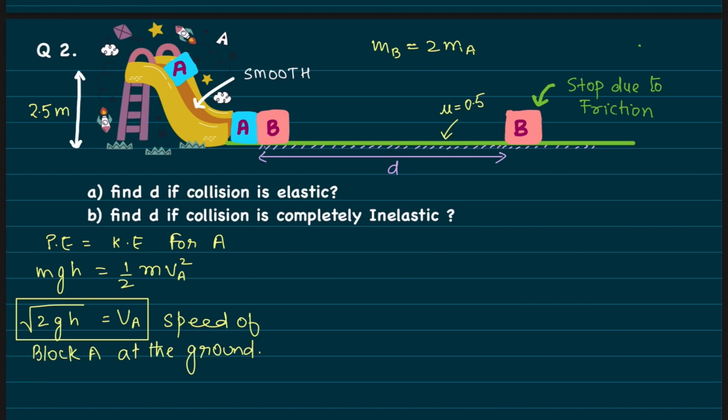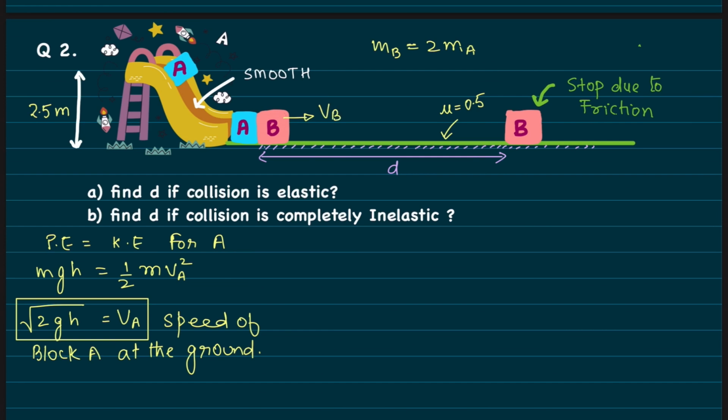All right. Now we will calculate the velocity of block B after the collision, because we just calculated the speed of block A. Now there is an elastic collision. Due to the collision, it will gain some velocity. So what is the velocity it will gain? I am writing that velocity as Vb.